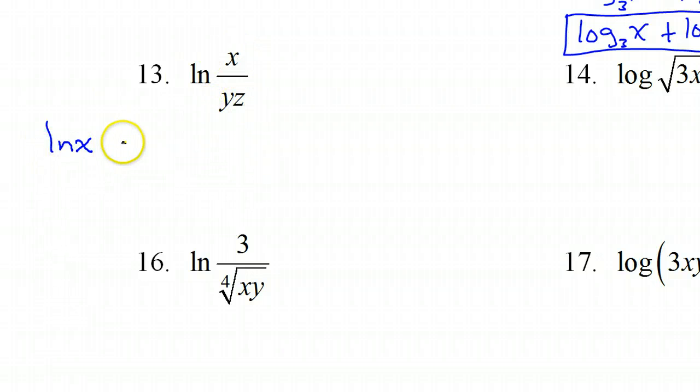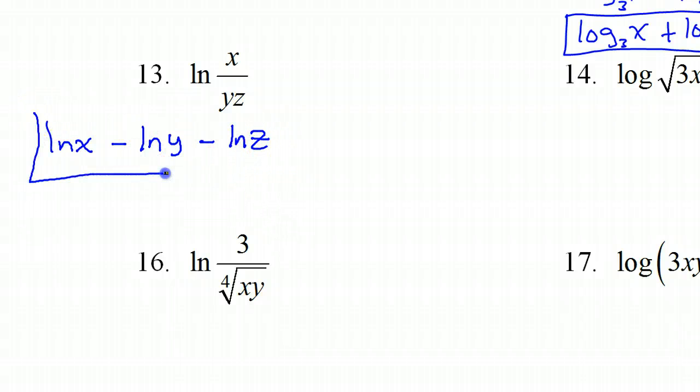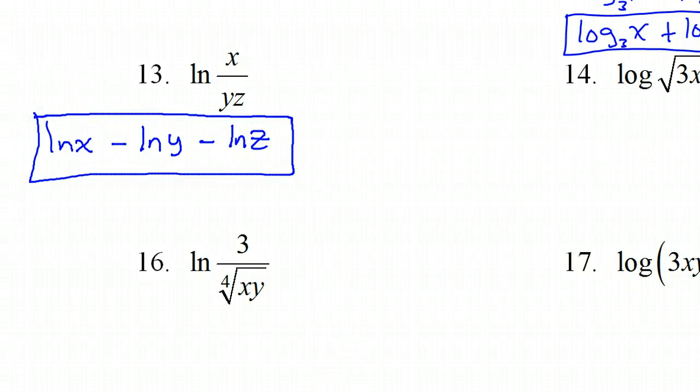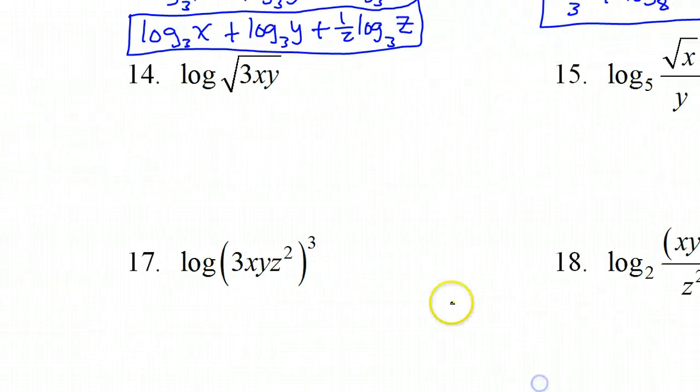These two will be negative. So minus natural log y minus natural log z. If you look at it that way, we don't have to worry about parentheses and all that. It's just automatic. Thank you, Mr. Allen. You're a genius. Now I'm a genius.